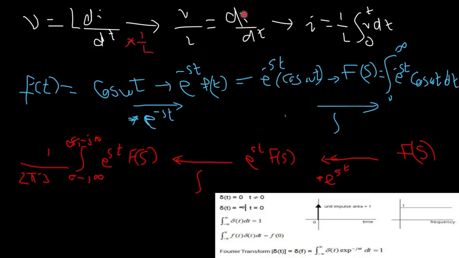After that, to find the current, we will multiply both sides again by dt, and then take the integration for both sides, which gives us i equals 1 over L multiplied by the integration of v(t) dt from 0 to t.